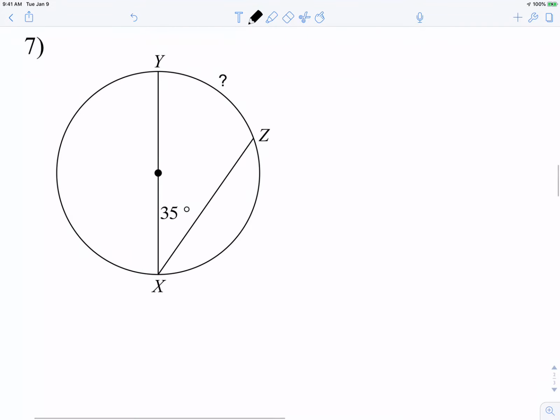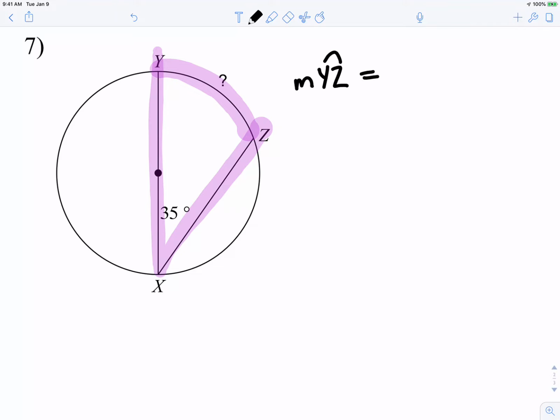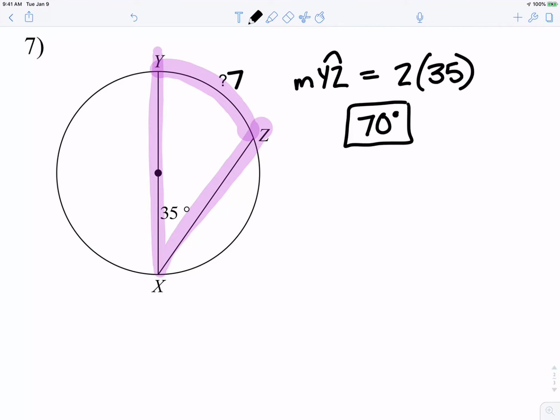Number 7, okay, I would like to know this arc measure. The inscribed angle that intercepts that arc is right here. So the arc measure is equal to 2 times the inscribed angle. So that's 2 times 35. So the arc is 70 degrees. So this is 70 degrees right here.